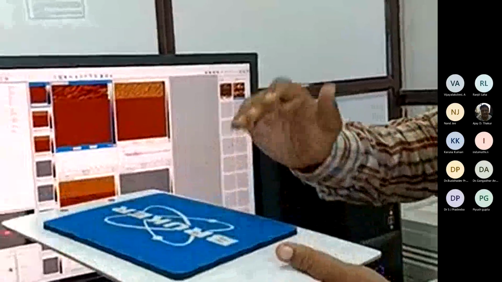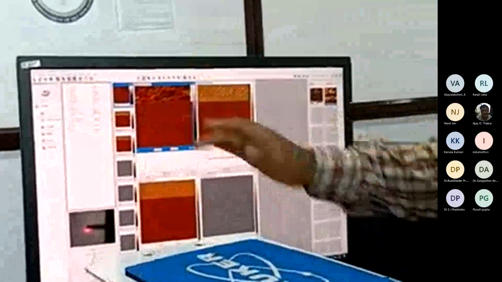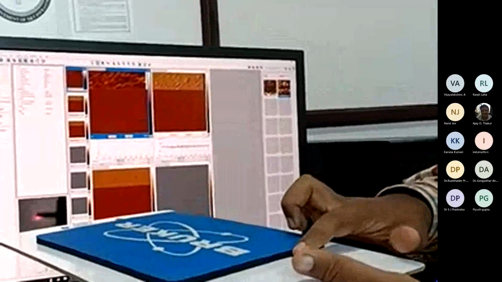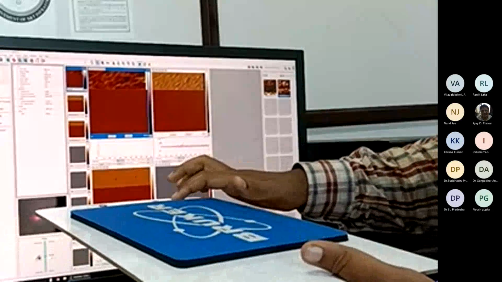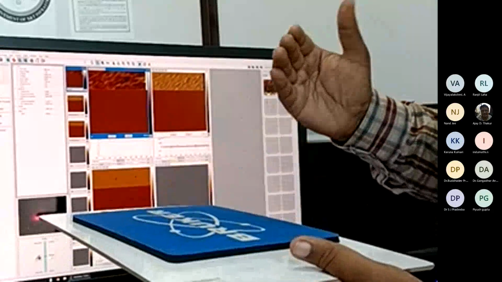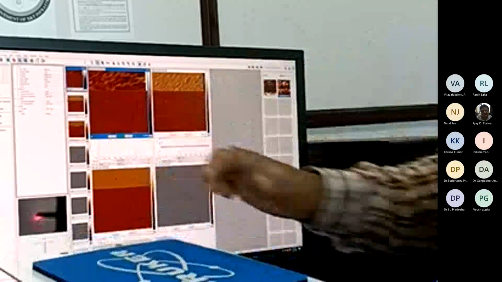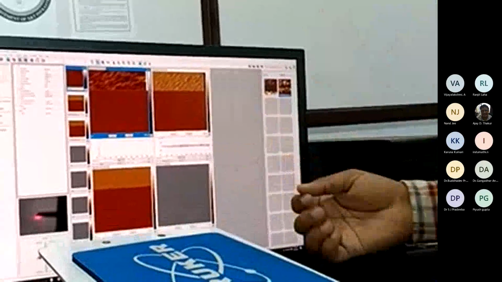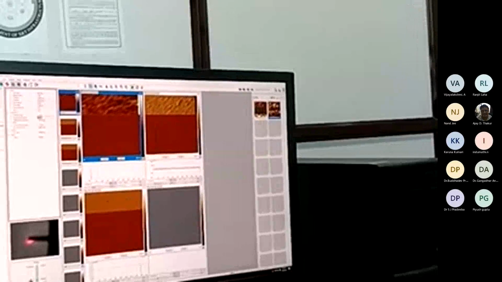If the integral and proportional gains are both too low, it may hit this height and will not go up, so its response is quite slow. And if we increase the feedback gain too high, it will catch random noise. So we have to optimize these two quantities, basically the gains.